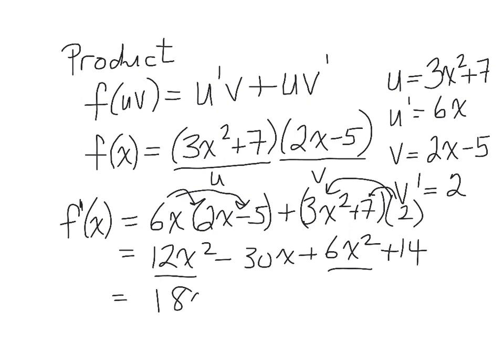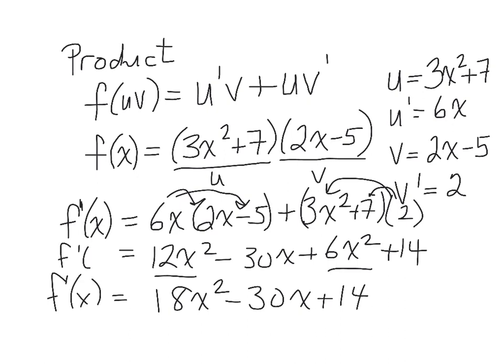We will have 18x squared minus 30x plus 14. And that is the derivative of 3x squared plus 7, all multiplied by 2x minus 5.